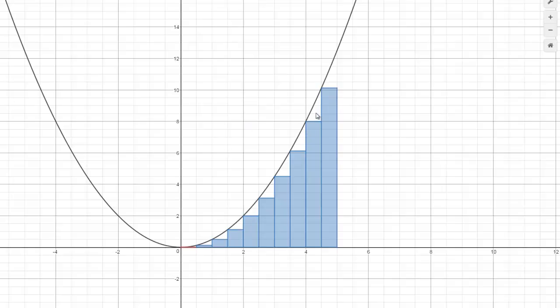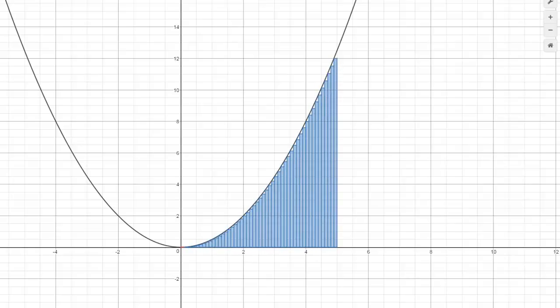So the error is all these little spots that aren't shaded, because I want everything below the curve from 0 to 5. But watch what happens to all that error as I increase the number of rectangles. There's 50 rectangles. I think we can all agree that that's a better approximation of the area under the curve between 0 and 5.